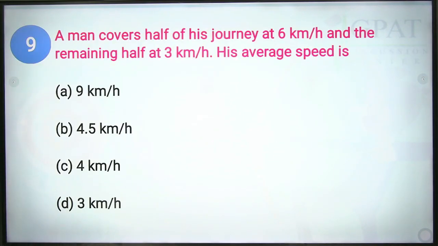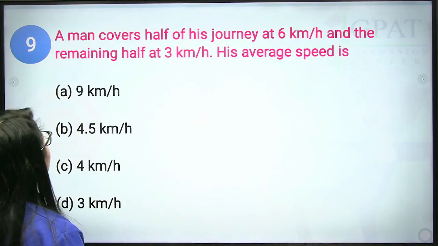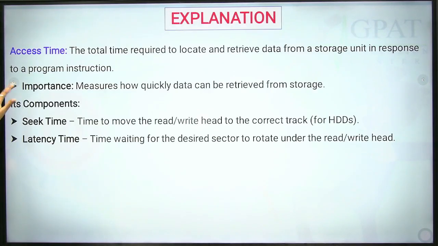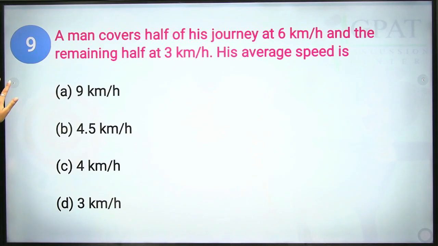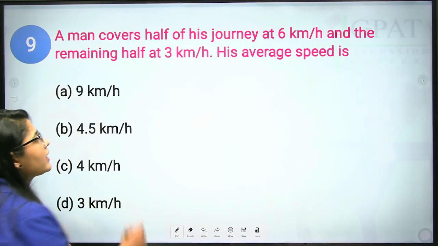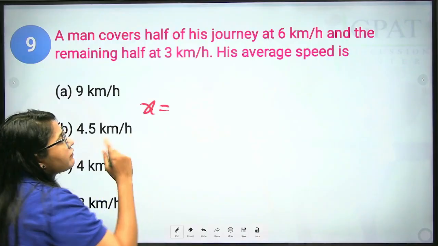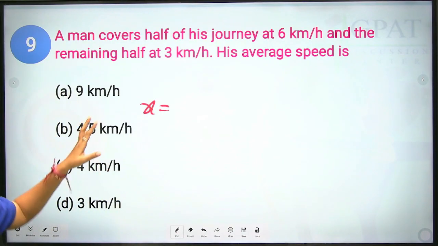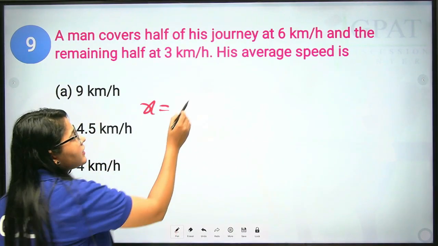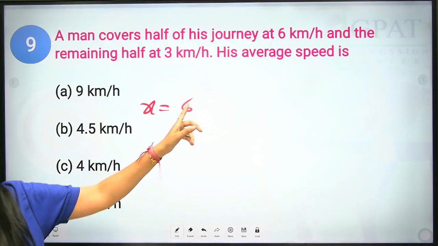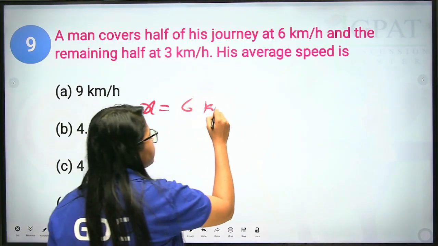Next we have: a man covers half of his journey at 6 km/h and the remaining half at 3 km/h. His average speed will be? Let me assume the first half speed as x. So x is equal to 6 km/h. Clear?